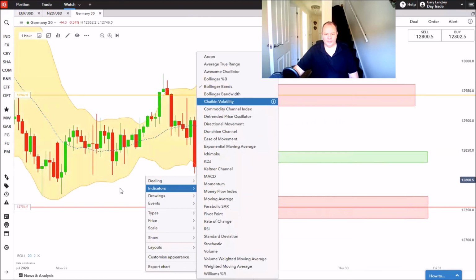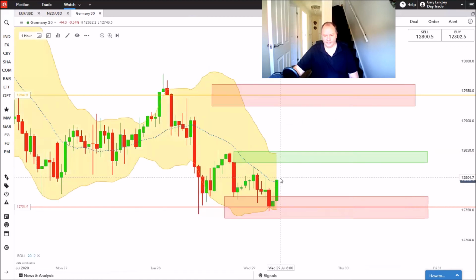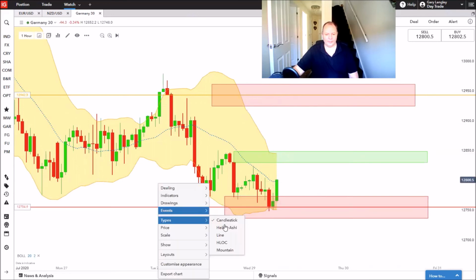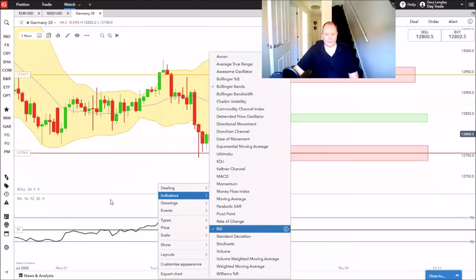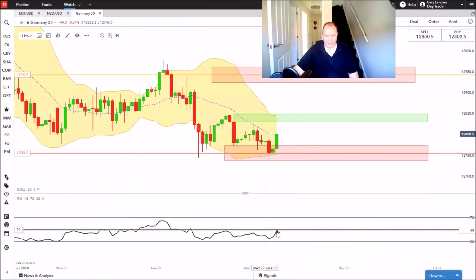There we are. So it's a rejection from the bottom of the bolly. It's coming off this level as well. It's breaching that 20 moving average. And it's bending up heavily. Okay, so there's another good market.